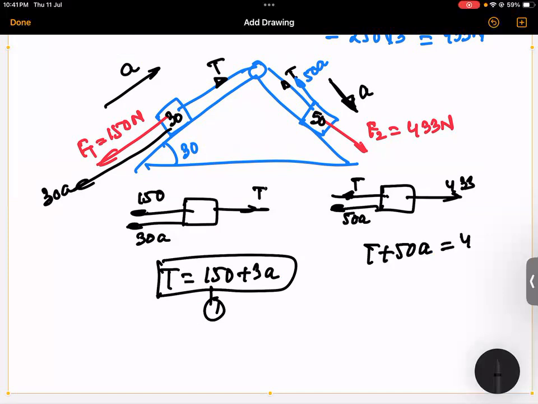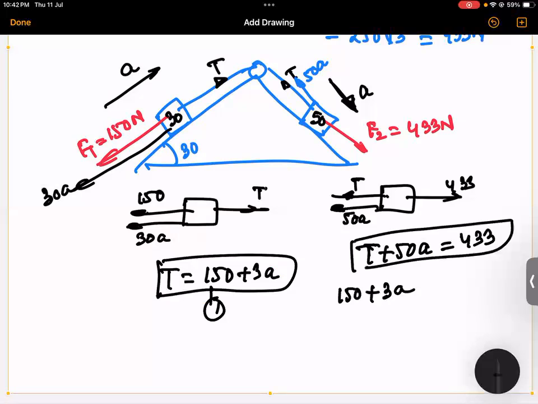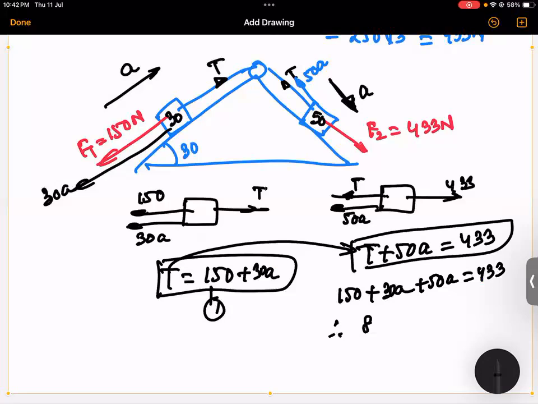So you put the value of tension over here. So this will be equal to 150 plus 30a. So I'm putting the value of tension over here. It's absolutely easy. 150 plus 30a plus 50a equal to 433. Therefore, 80a is equal to 433 minus 150.